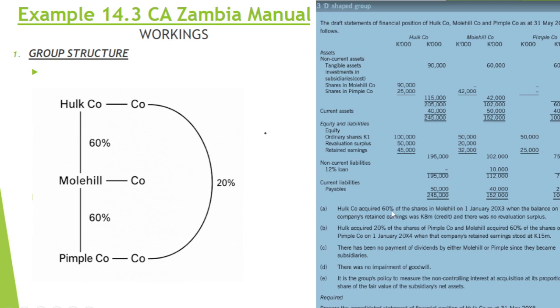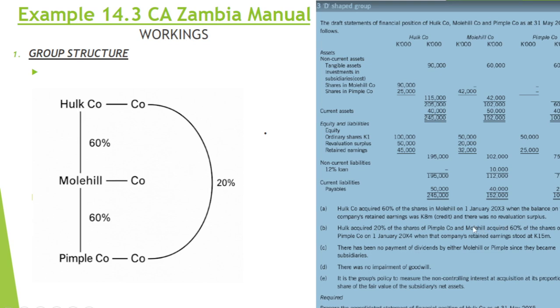Part 1 of this note says, Hook company acquired 60% of the shares in Mohill on 1st January 2013 when the balance on that company's retained earnings was 8 million credit, and there was no revaluation surplus.